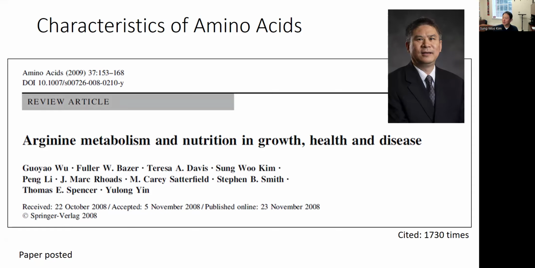He just very recently retired in 2025, so he is no longer with Texas A&M anymore, but his research is always being cited and his papers are always read, especially in amino acid nutrition and metabolism related to arginine, glutamine, methionine, and so on. Okay, so please remember his name here.